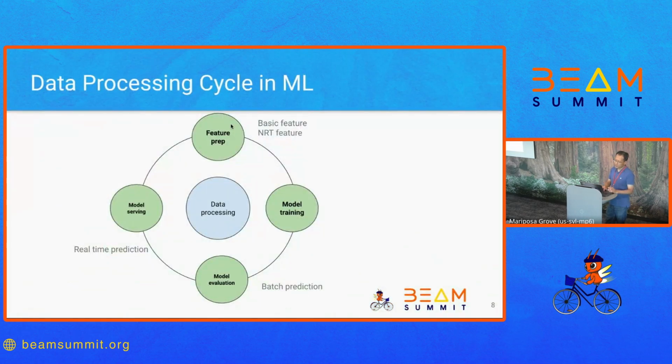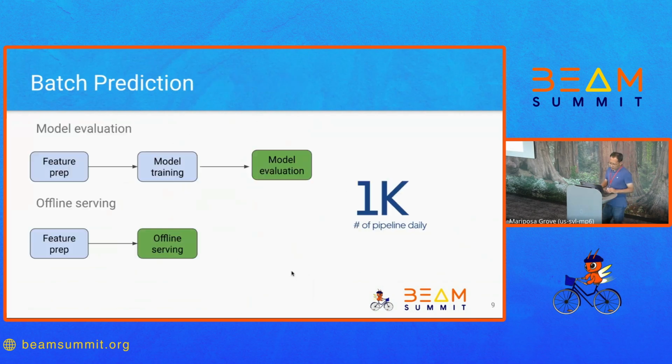A quick introduction: in the machine learning cycle, the major steps are feature prep, with basic features and some near real-time features, then model training, then serving for real-time, or evaluation for some offline serving, which is where batch prediction happens.